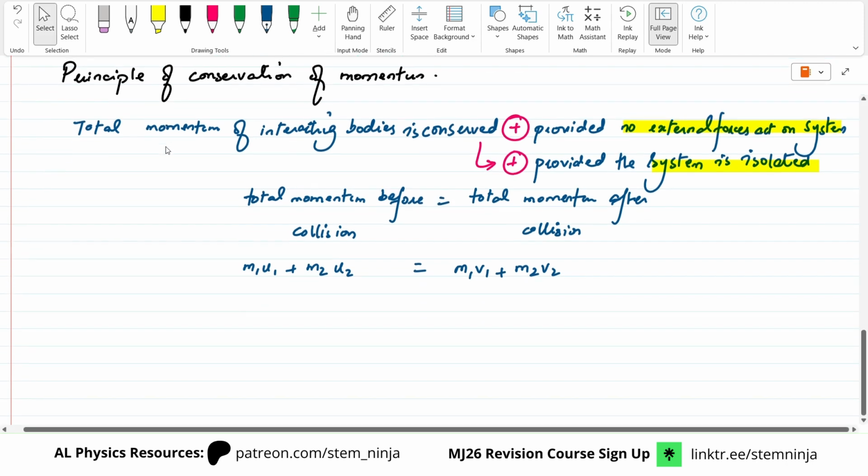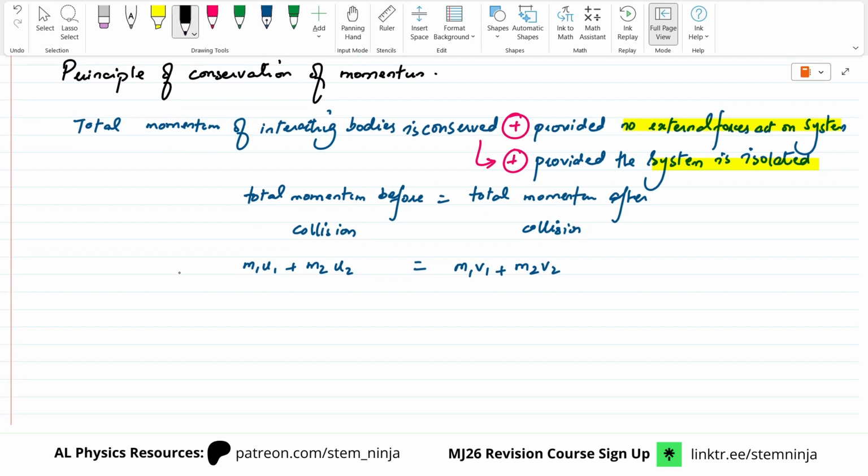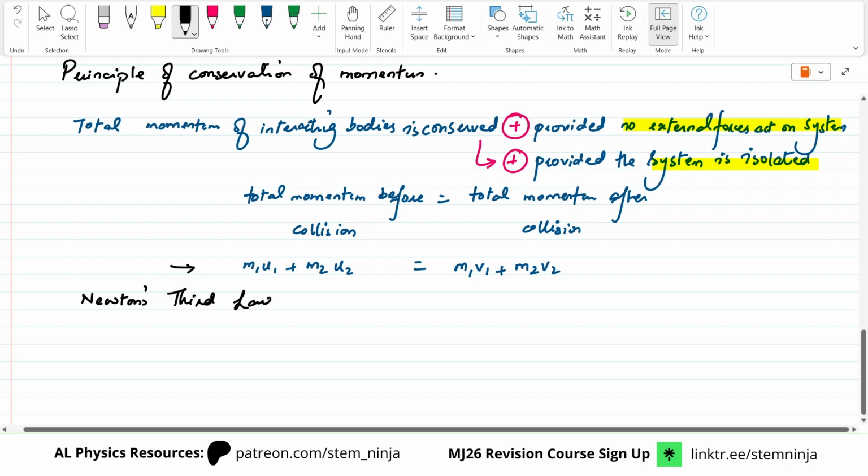Now, to understand how this actually comes, this is a consequence of Newton's third law and the change in momentum.